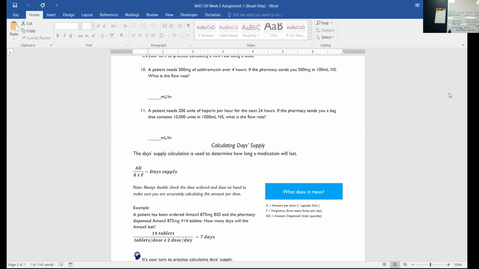Okay, 15 kilograms. So 15 kilograms is now our weight. So we have 5 micrograms per kilogram per minute times 15 kilograms. Kilograms cancel out. 5 times 15 is 75 micrograms per minute.